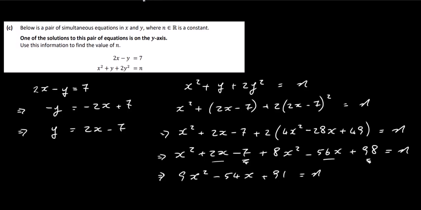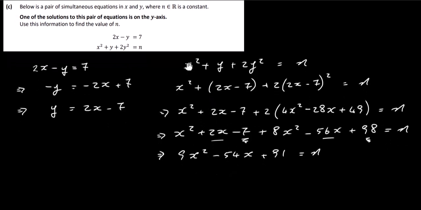Now we know that one of the solutions of this pair of equations is on the y-axis. So on the y-axis, x is equal to 0. So it's 0 and then some value of y. So in other words, if we put 0 in here, we know that 0 is the x-coordinate of one of the solutions. So let's just put 0 in.